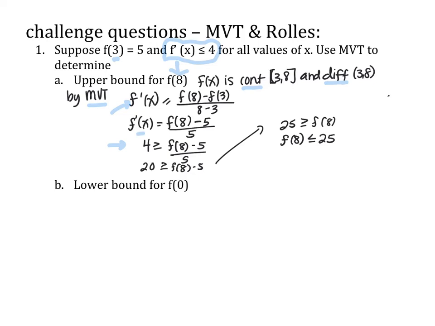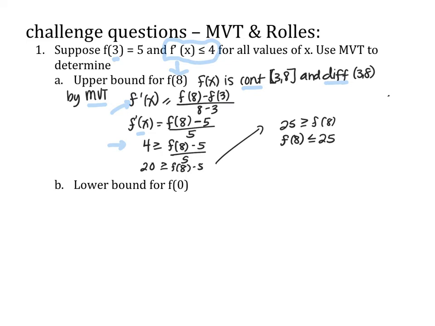And so I said f prime must be less than or equal to 4, and so again, I set that relationship. Using my cross multiplication, I ended up with 25 as the upper boundary for f of 8.